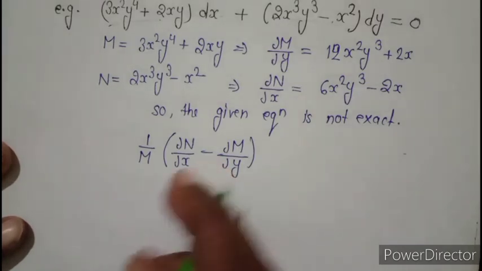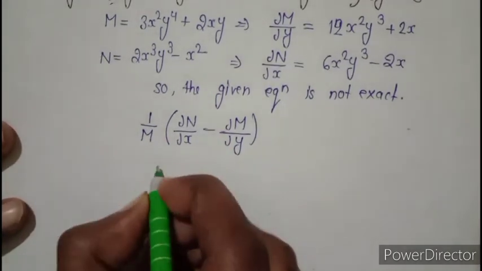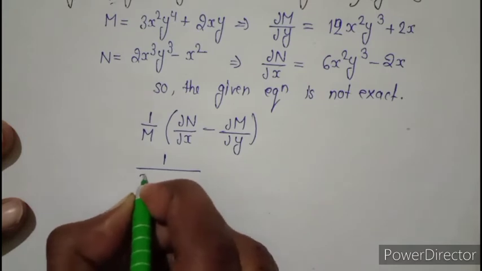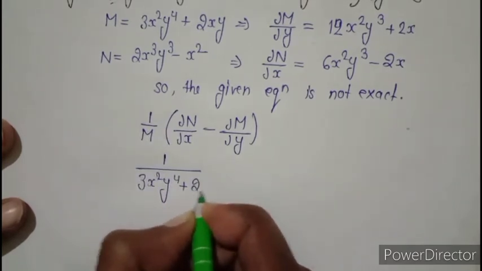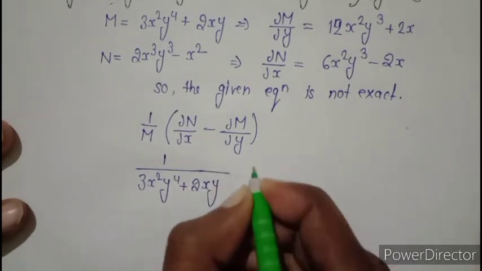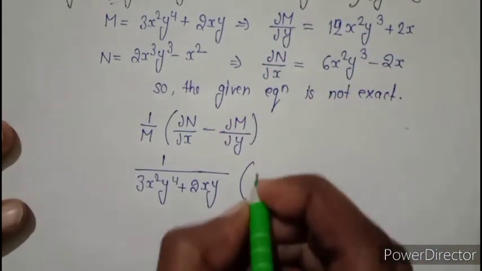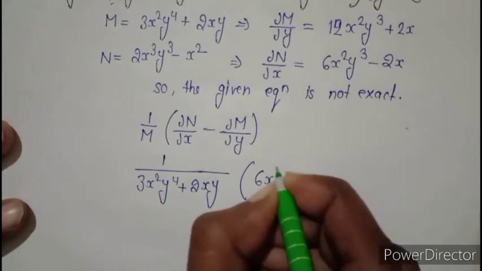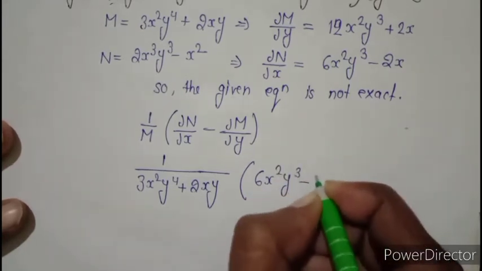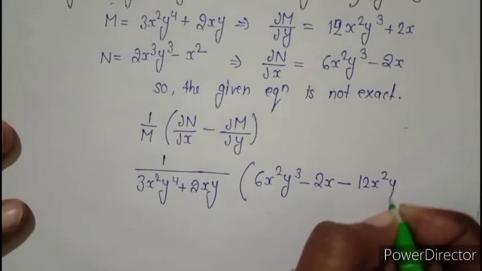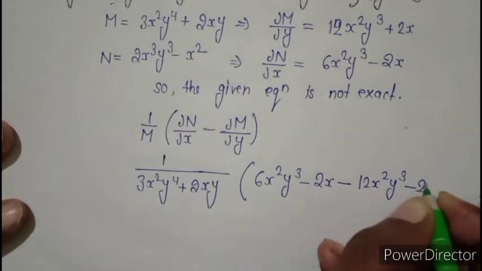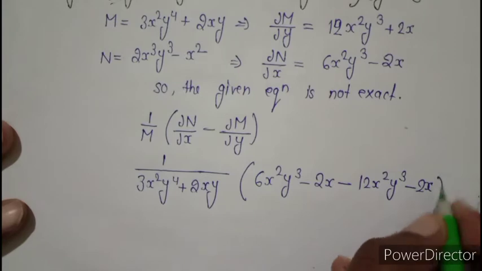In all the cases, 1 by (3x²y⁴ + 2xy), and if we put the value of ∂N/∂x, what is it? 6x²y³ minus 2x, minus (12x²y³ minus 2x). This is the value.